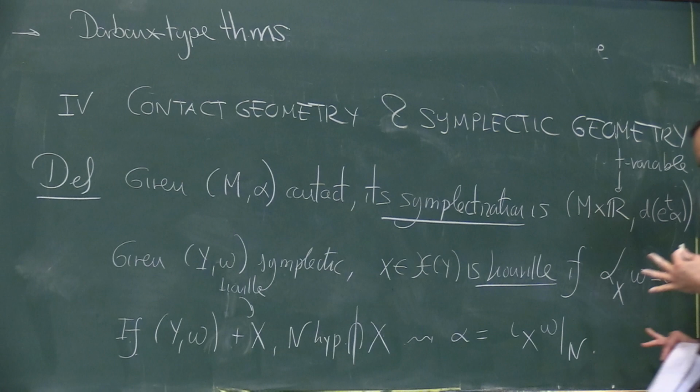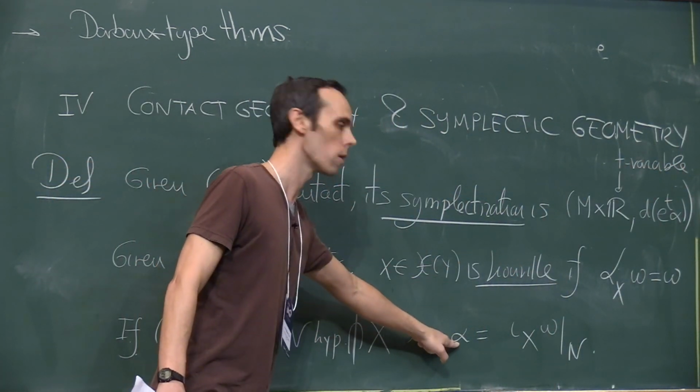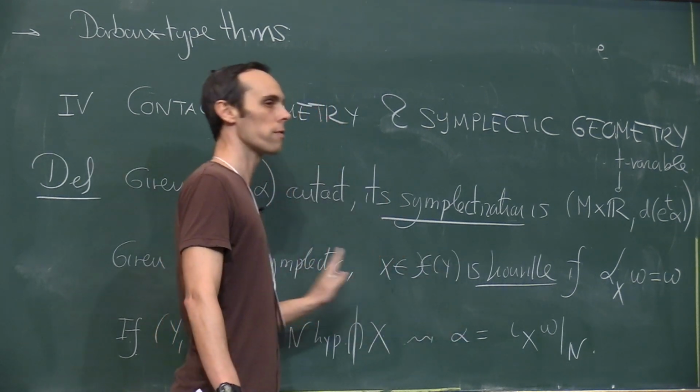So one simple observation. What is the kernel of this one-form at every point of the symplectic manifold?